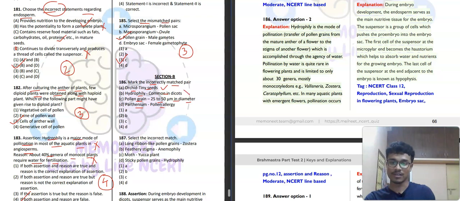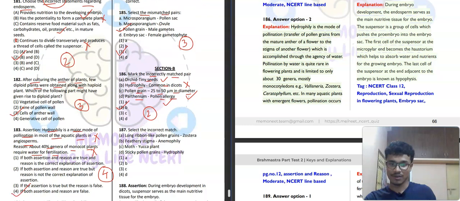Hydrophily common in dicots: hydrophily is not common in dicots because pollination through water is very rare. That is not common in dicots. And the next one, pollen grains are 25 to 50 micrometer in diameter, is also correct. Parthenium causes pollen allergy, it is very ubiquitous. So the second option will be the correct answer for this question, as it is mismatched.